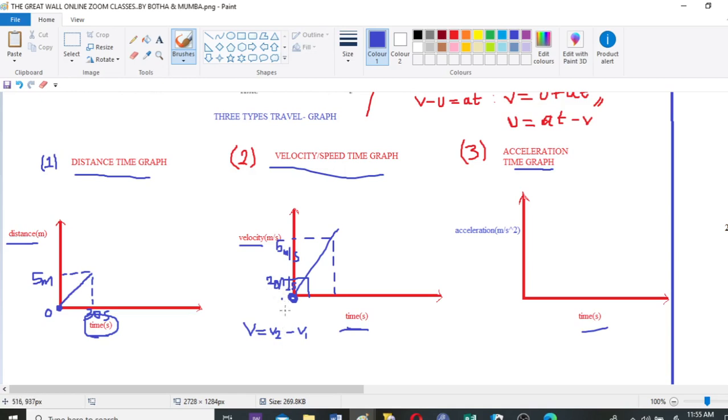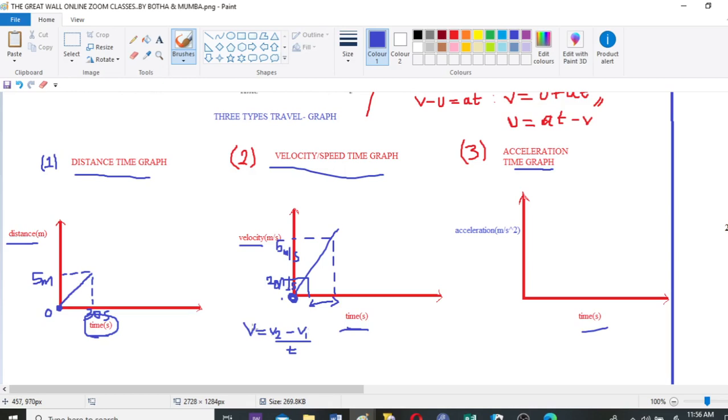But as this change in velocity is taking place, there is also time being spent. So we are going to have the difference in time as well. That time in which the change in velocity occurs, we can write as t.